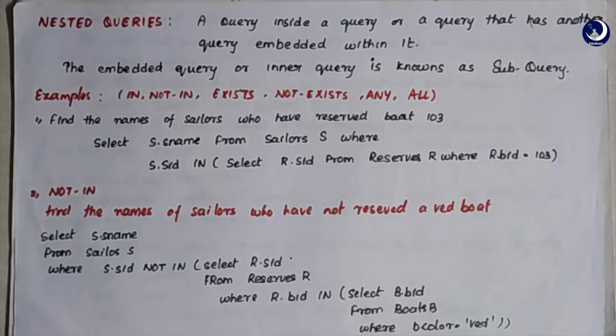So let's take an example and then we will understand the actual evaluation strategy of a nested query, and we will also look at a few constructs that we use, like in, exists, and their negated versions not in and not exists, and finally any and all. Our first example is: find the names of sailors who have reserved a boat 1 or 3.